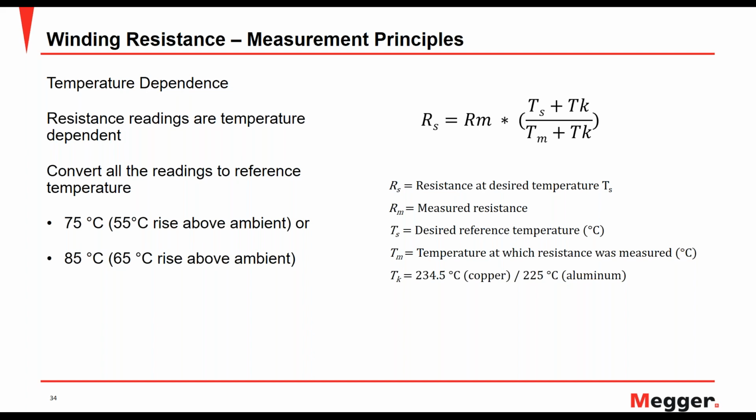So for transformers that have a rating of 55 degrees C rise above ambient, all the readings are converted to 75 degrees C. Similarly, if a transformer has a 65 degrees C rise above ambient, those readings are corrected to 85 degrees C. And you can see here that the resistance that's desired at a particular temperature is affected by the reference temperature and the temperature at which the original measurement was made, and of course by the type of your winding material.